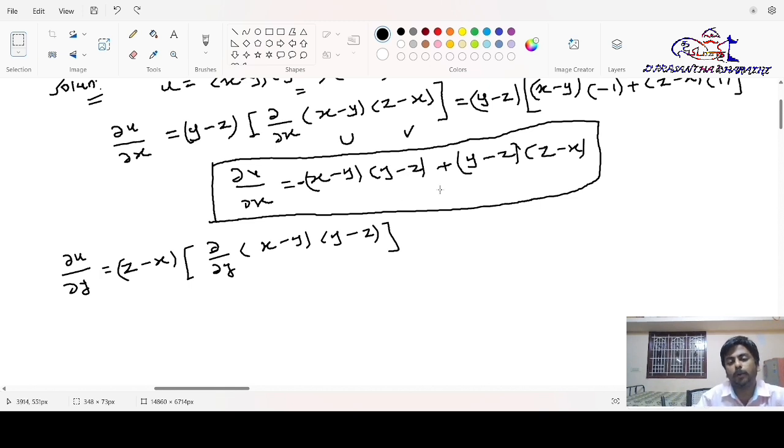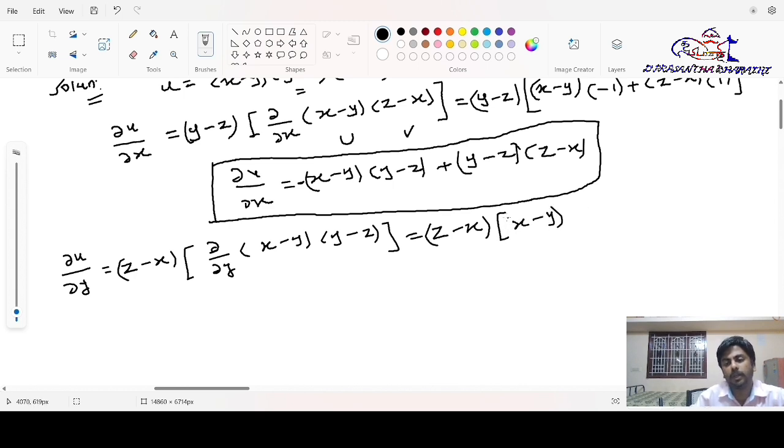So we shall write it above. We get this z minus x into x minus y into 1, then plus y minus z into minus 1.